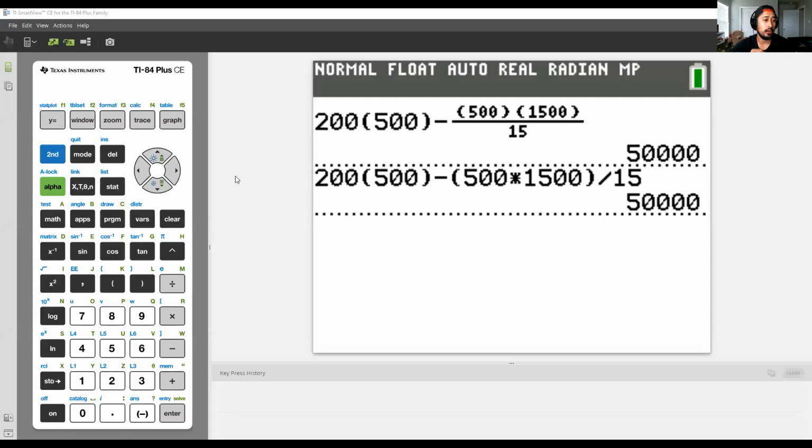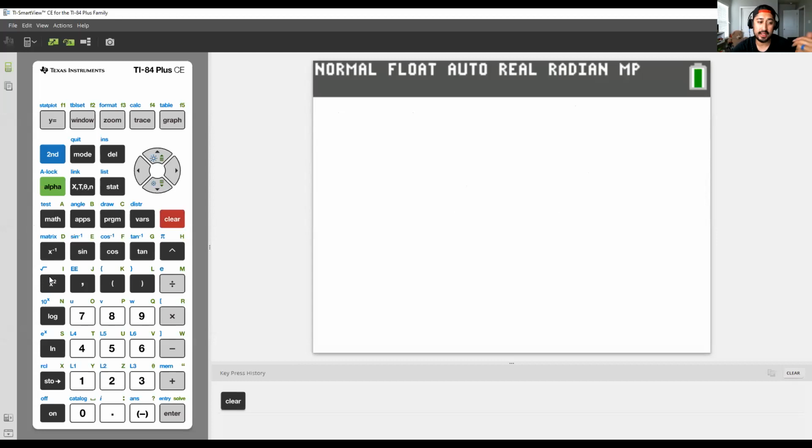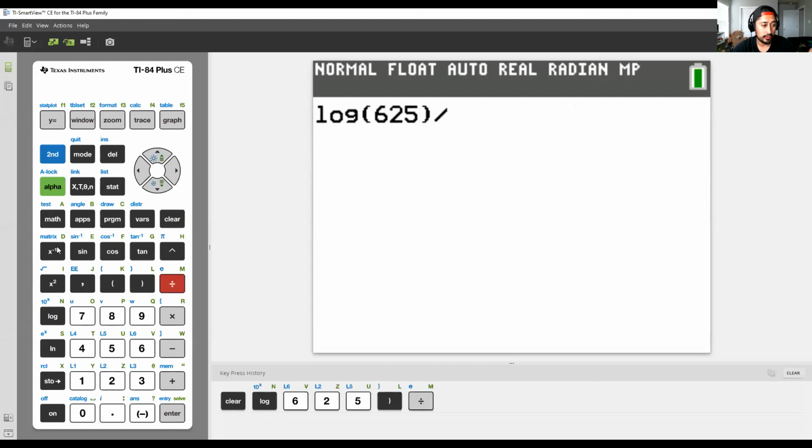Okay, perfect. And now, I'm not showing you anything. I'll go back to my screen, share screen, TI-84. Okay, so the log inputs were the same as my calculator. It was like log of 625 over the log of 5.